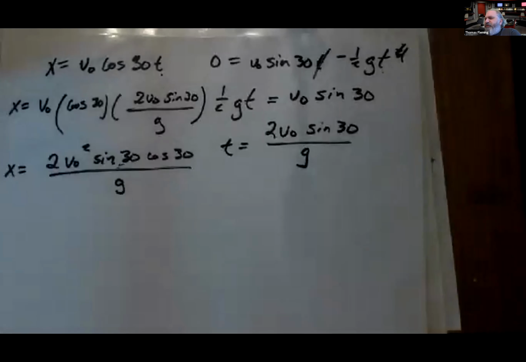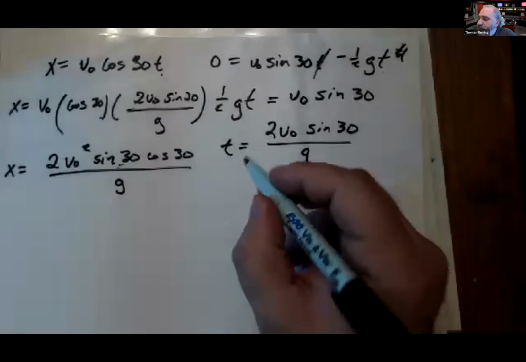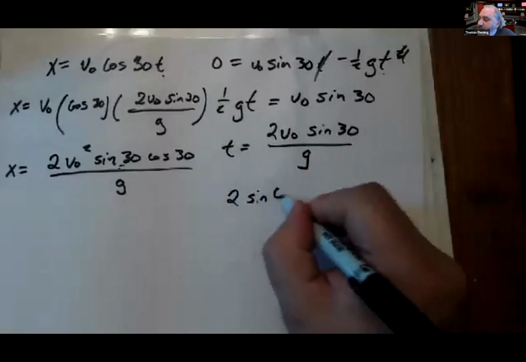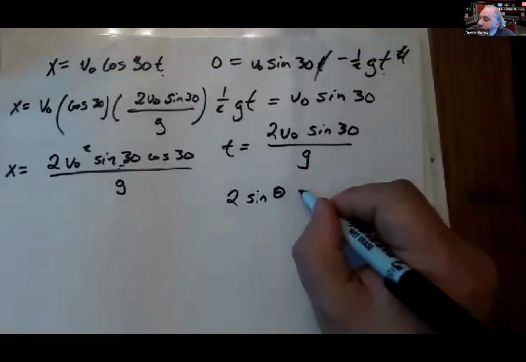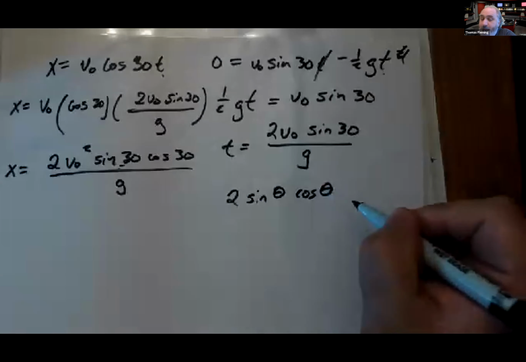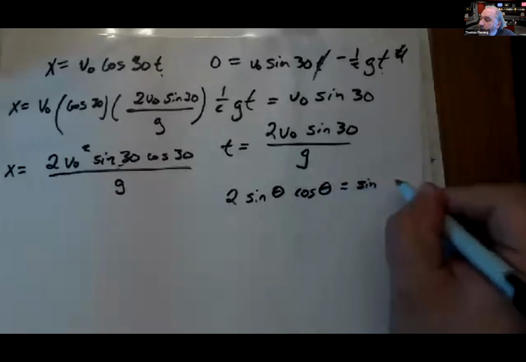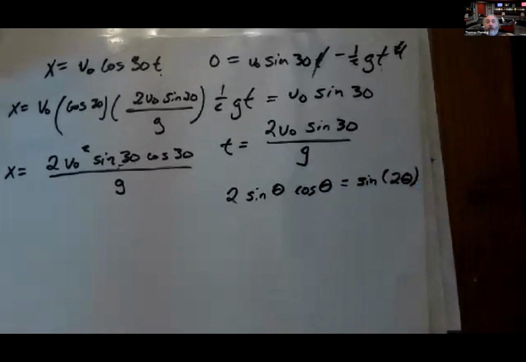But this is kind of cool because one of the trigonometric identities that we learned back in pre-calculus was that if I have 2 times the sine of something times the cosine of that same thing, that was equal to the sine of 2 times theta. They call that the double angle identity.